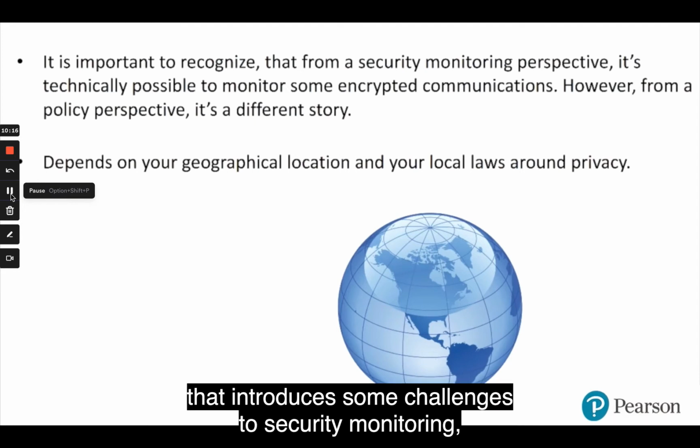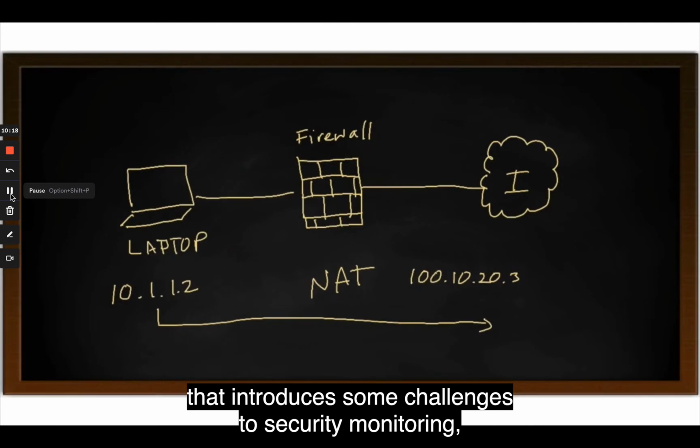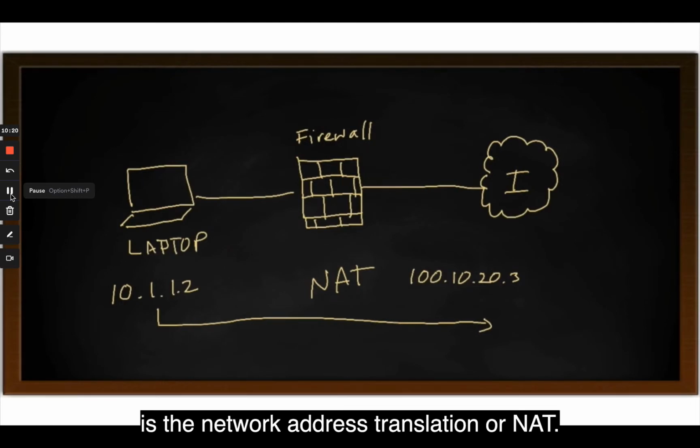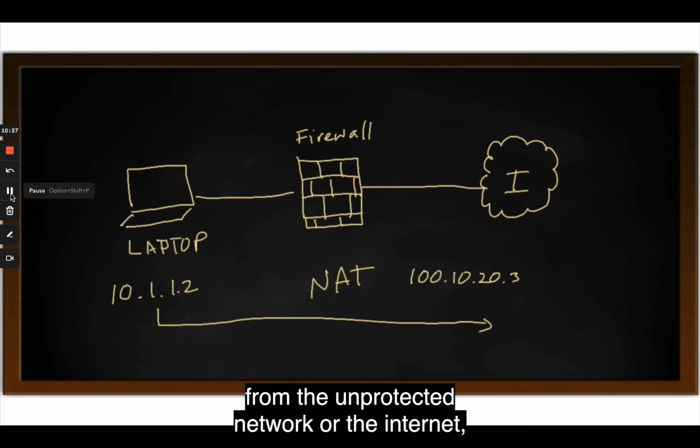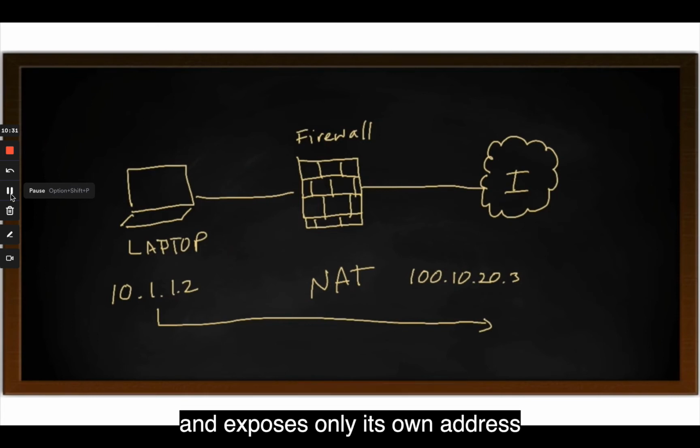Now, another technology that introduces some challenges to security monitoring is network address translation, or NAT. By using NAT, a firewall or a router hides the internal private addresses from the unprotected network or the internet and exposes only its own address, a public range of addresses, or a predetermined IP address.